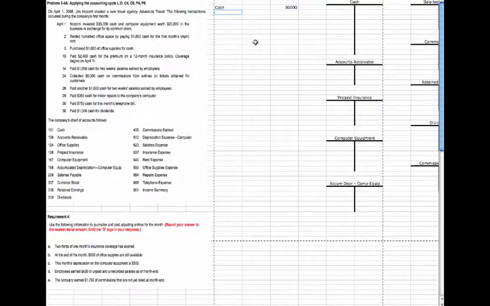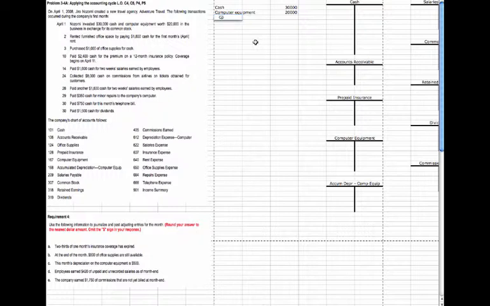The second part of this problem says that the computer equipment of $20,000 was also received. Now, computer equipment is also an asset, so we would have to do a debit to computer equipment for the value of the equipment that was being transferred, or $20,000, and in exchange for the $30,000 in cash and the computer equipment, Nozumi received stock.